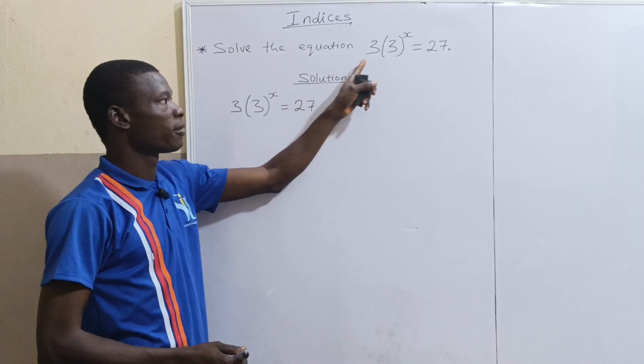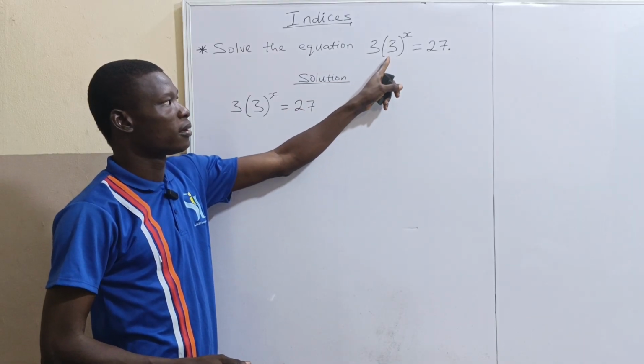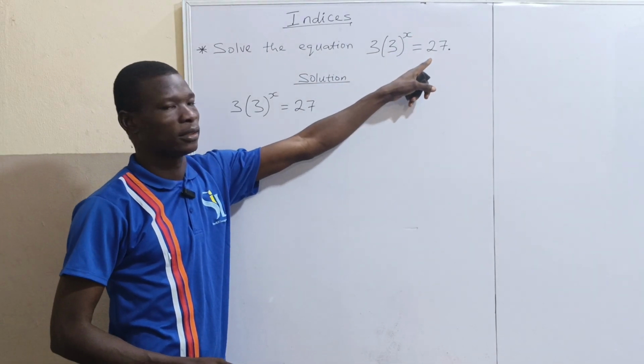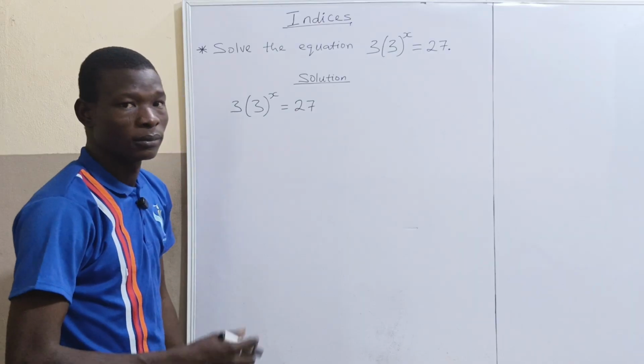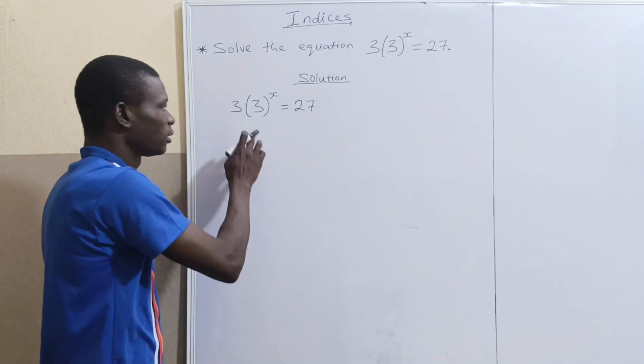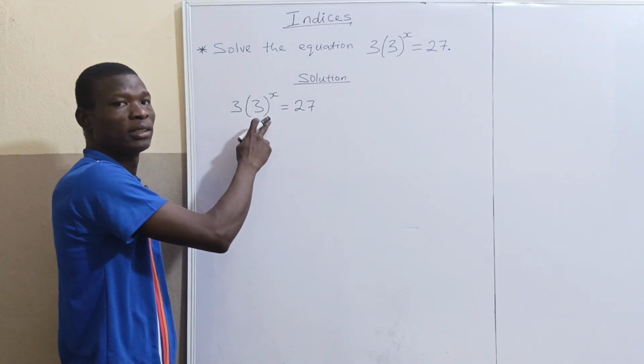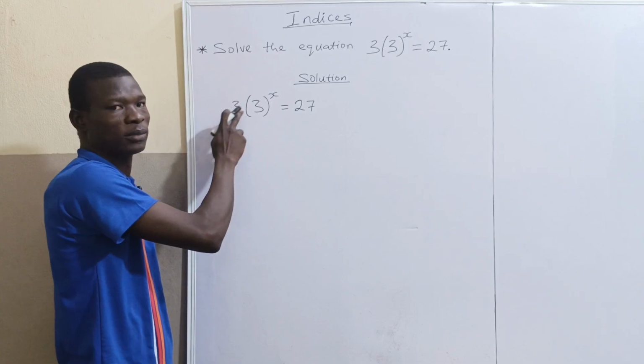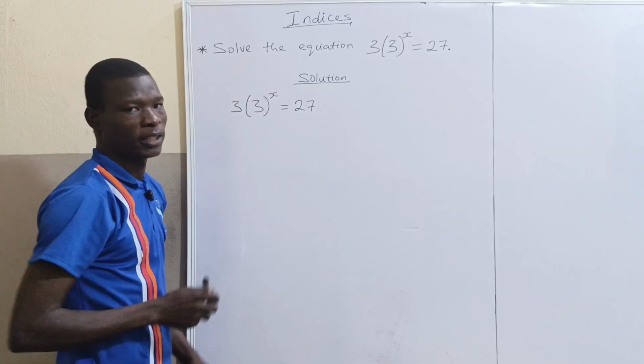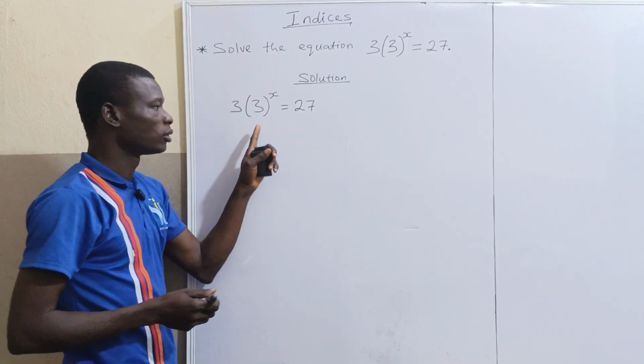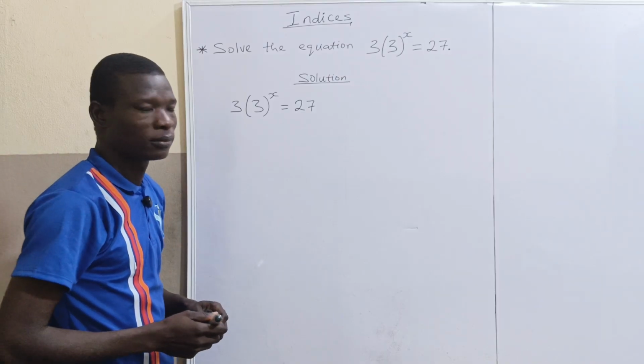Solve the equation 3 multiplied by 3 raised to power x equals 27. By general knowledge, the presence of this bracket tells us that this 3 is multiplying what is inside this bracket. Okay, so we are going to have to rewrite this equation.